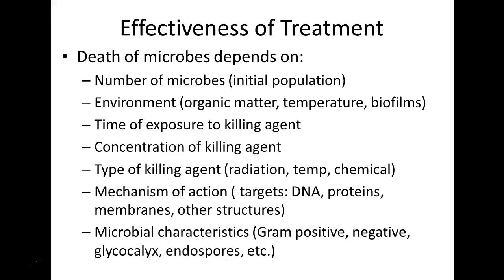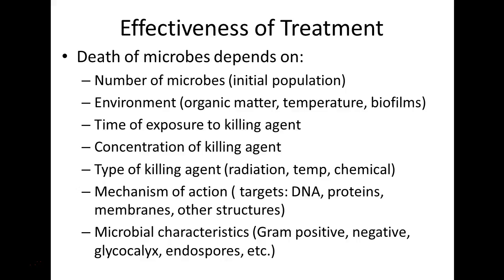The number of microbes, in other words, the initial population, as you might imagine. The greater the initial population, the harder it will be to kill all of them, and the longer it will take for all of them to die, however many you have.